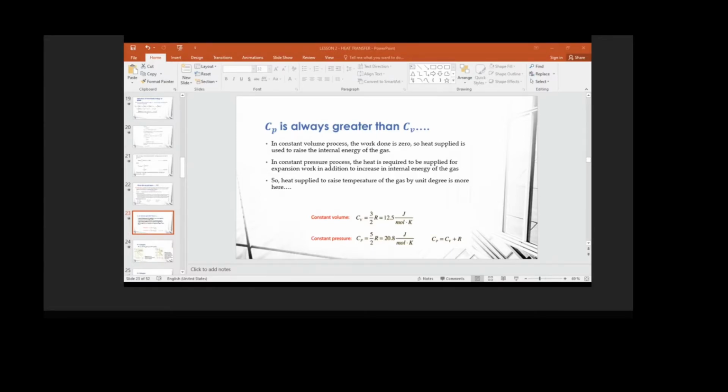Exactly. So if you have something that will always be the same volume, then the heat that is required only has one job to do, which is just to change the temperature of the gas. So that's why Cv is small, because all the heat that is sent to it only goes to doing one work, which is to change the temperature.